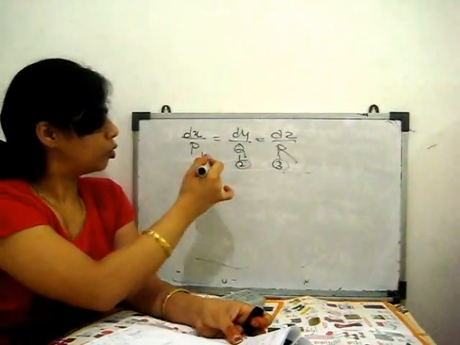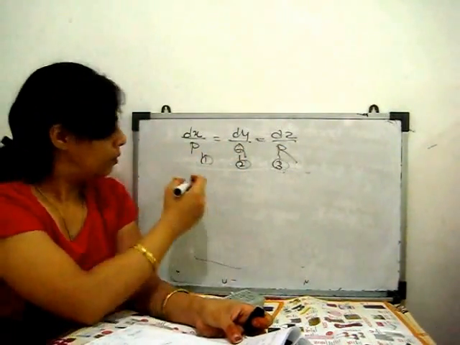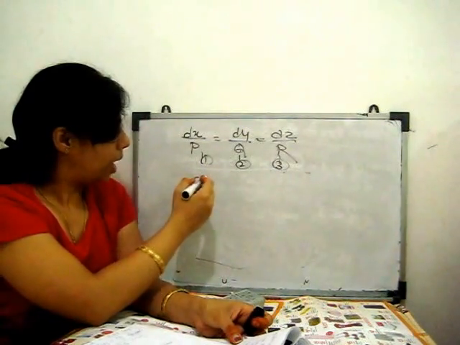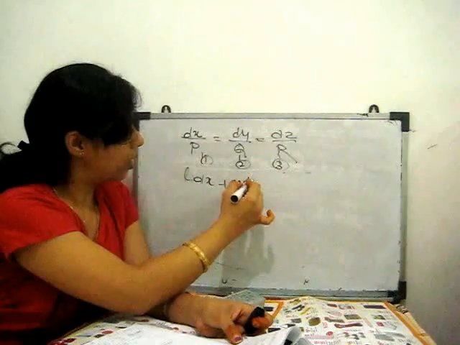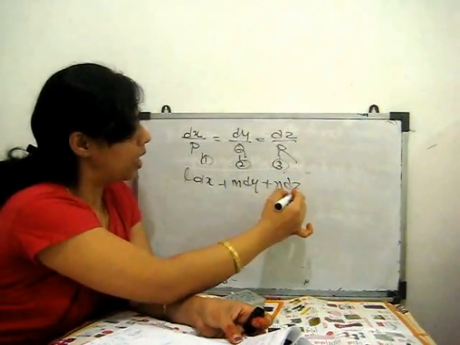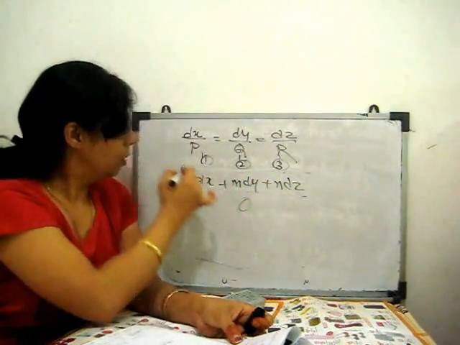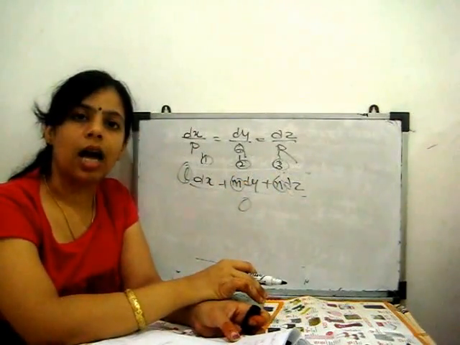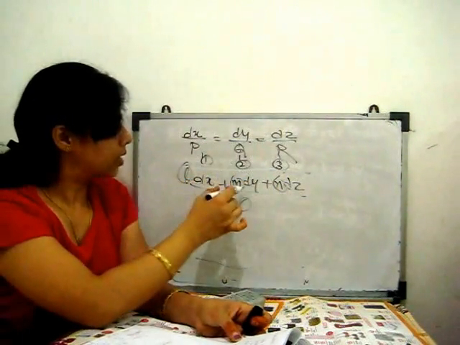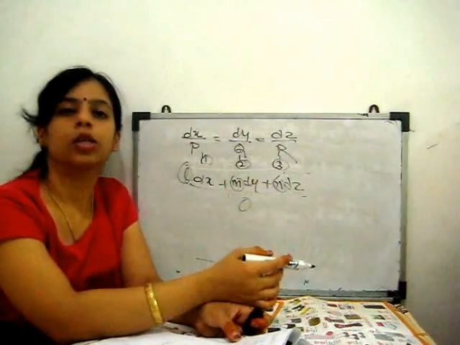we can't able to solve these, then we use the method of multipliers: L dx plus M dy plus N dz upon 0. Means we can multiply these L, M, N. This is function of x, this is function of y, this is function of z.